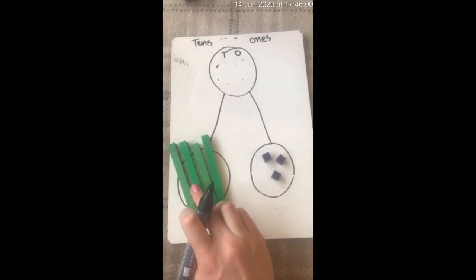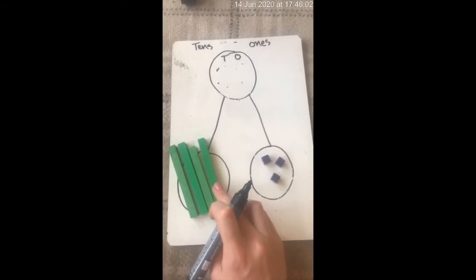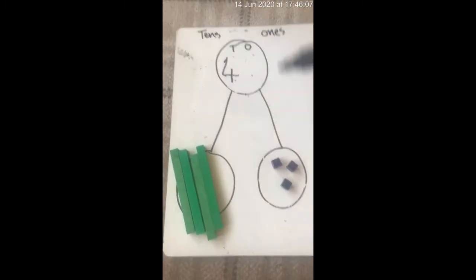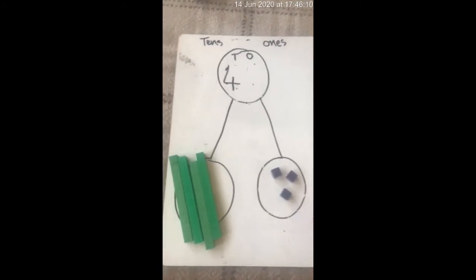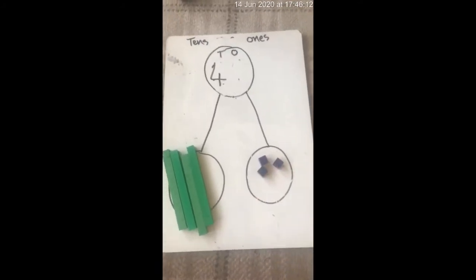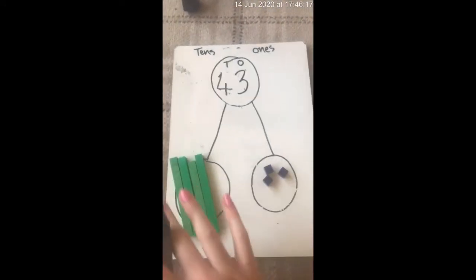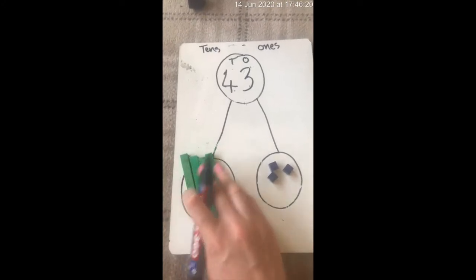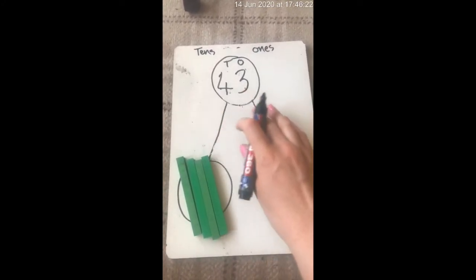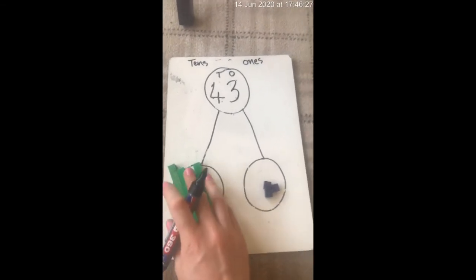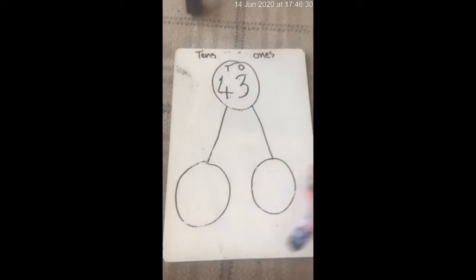So 10, 20, 30, 40. 4 tens means we're going to have 40 something. How many ones do I have in there? Got 3 ones. So altogether, those 2 parts, my tens and my ones, give me 43. Remember that in this partitioning activity, we want to be partitioning into tens and ones.